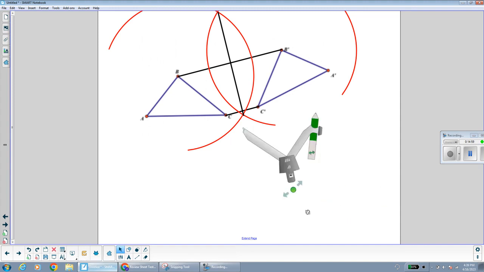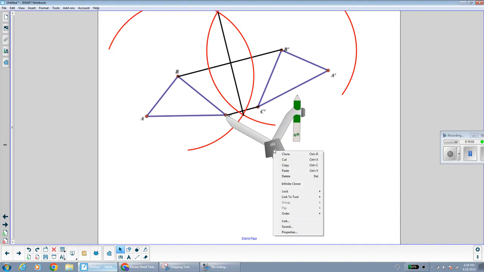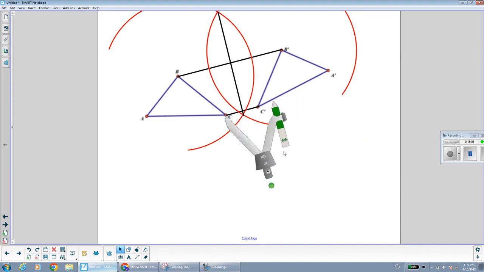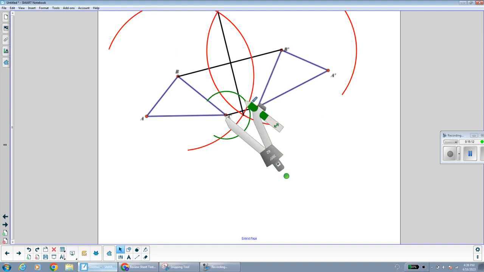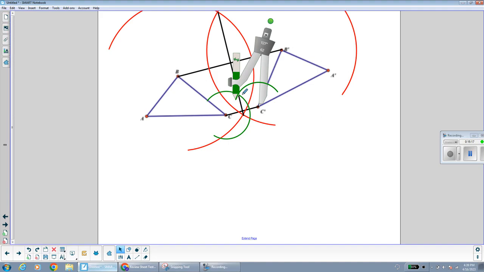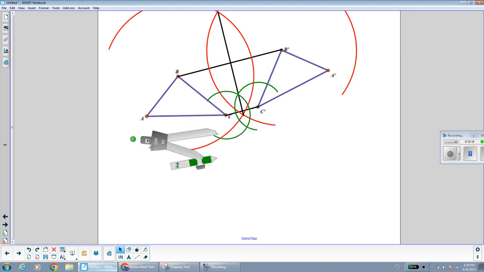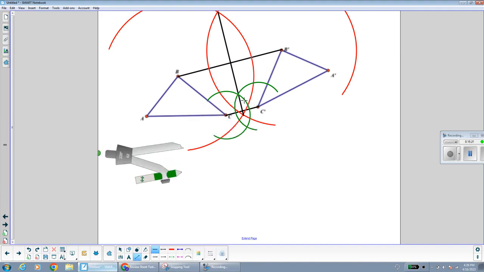Okay, so I'm going to go over to one of the endpoints on this segment, about 3/4 of the way down. It doesn't matter exactly. Using the same distance, other endpoint. There we go. And if I connect through the two endpoints, notice how it matches up exactly to the other one. So we found the line of reflection.